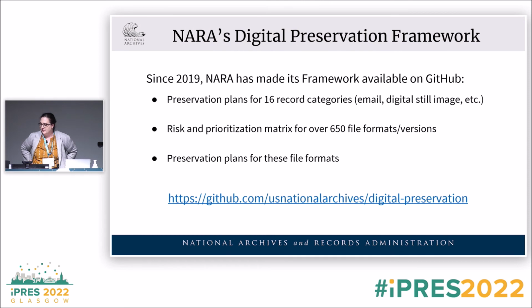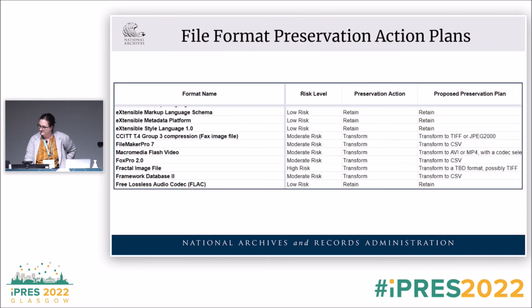The framework includes preservation plans for 16 categories of record types, such as still image, email, etc., a risk and prioritization matrix that uses over 40 data points to assess risk for more than 650 file formats or format variants, and prioritize them for action within NARA, and preservation plans for these file formats.